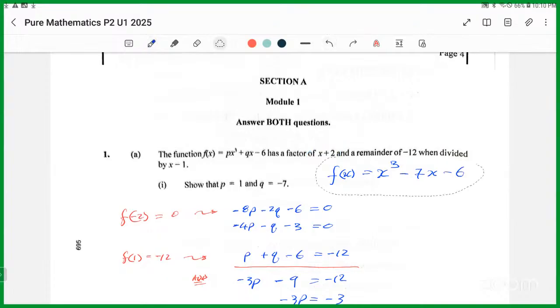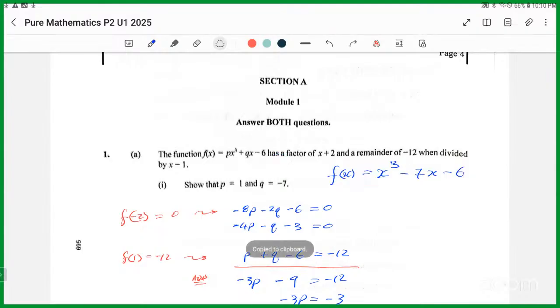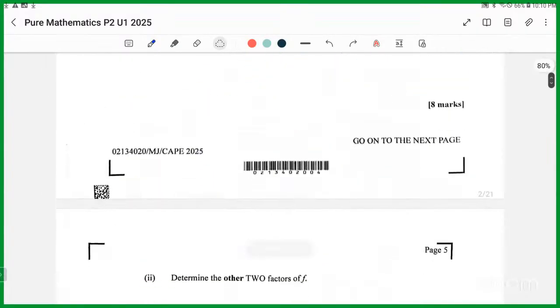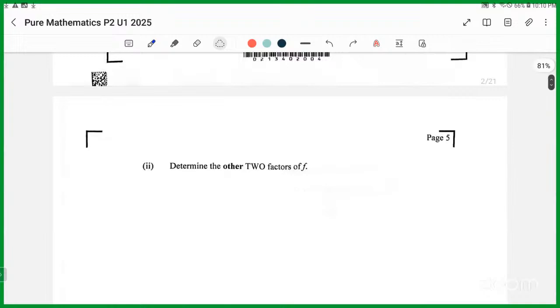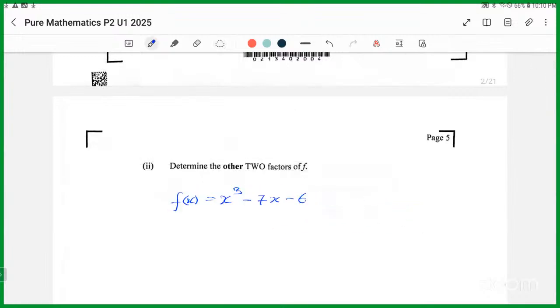So I'm going to copy this down onto the next page. I want to divide by x plus 2, the factor, to find what the other factors are.